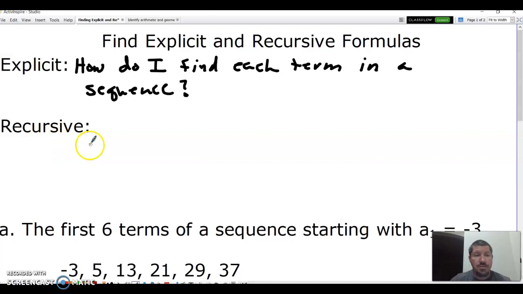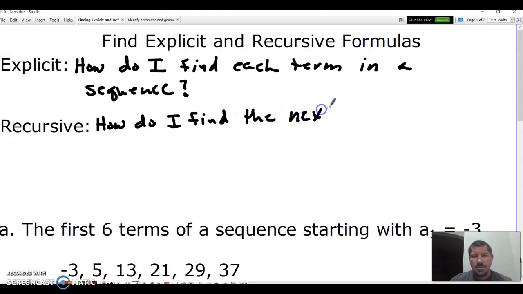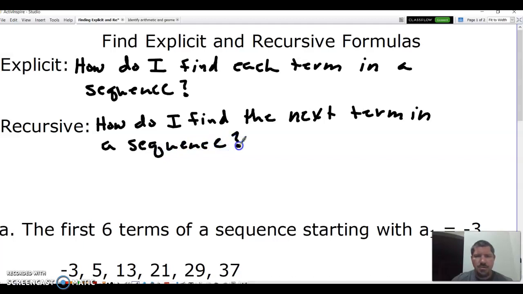A recursive formula, however, is basically how do I find the next term in a sequence. Okay, so the key word is next versus each.